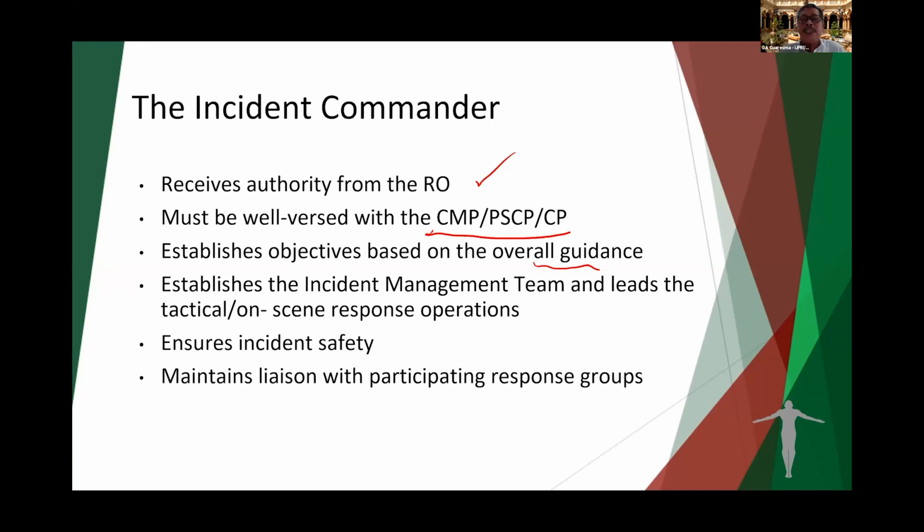He is the one who establishes the incident management team and leads the tactical or on-scene response operations. One of his main responsibilities is to ensure incident safety, especially the safety of all responding individuals, and maintains liaison also with participating response groups.